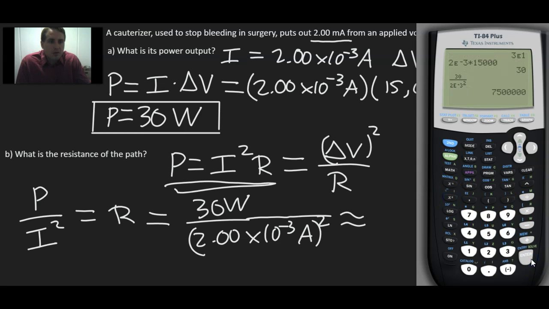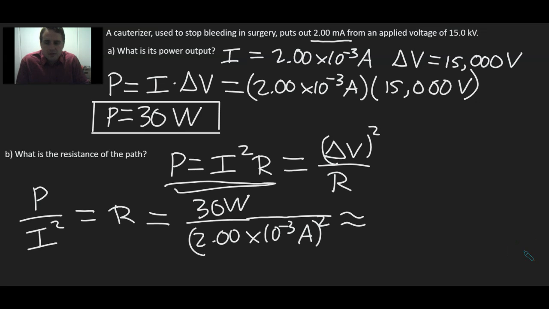Okay, so let's write this down. Let's maybe go to scientific notation. Enter. Okay, it's 7.5 times 10 to the 6th. So this is 7.5 times 10 to the 6th ohms. That would be the correct answer in SI units.